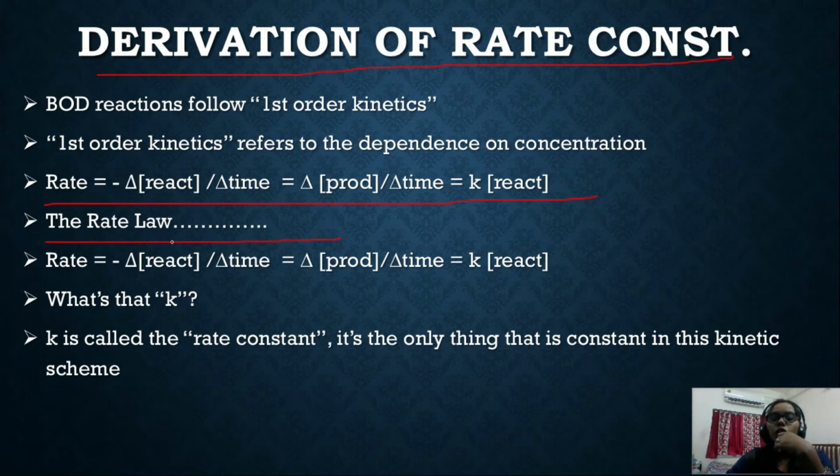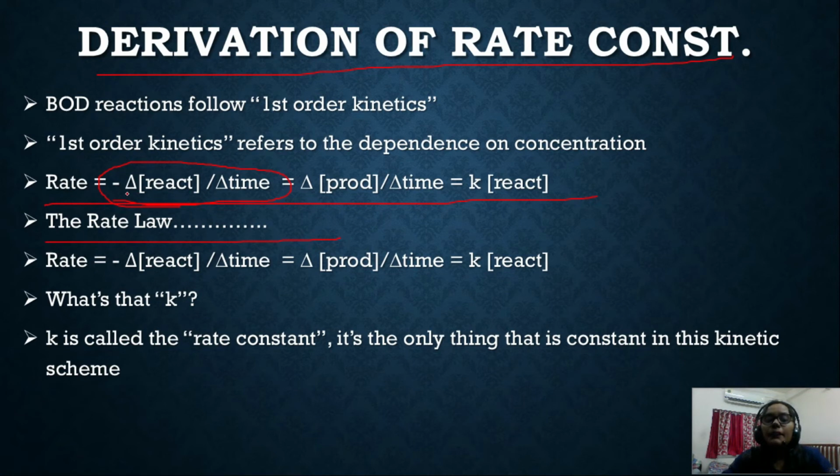According to the kinetics chapter, we know that the rate of a reaction can be found from the change of the reactant, delta minus. I will tell you why it is minus.